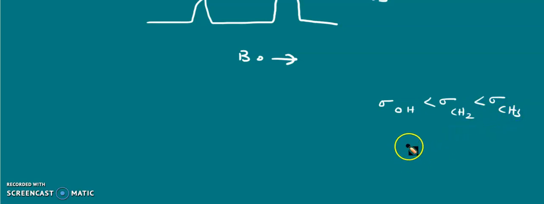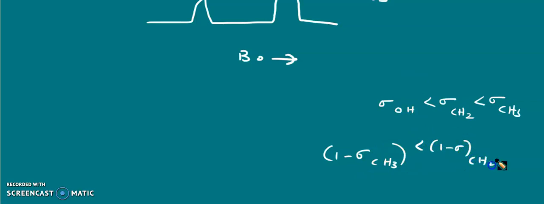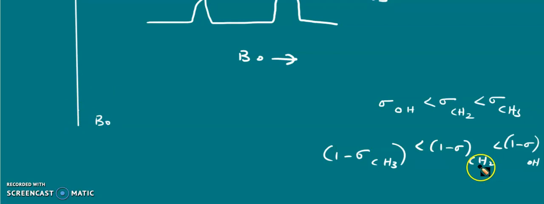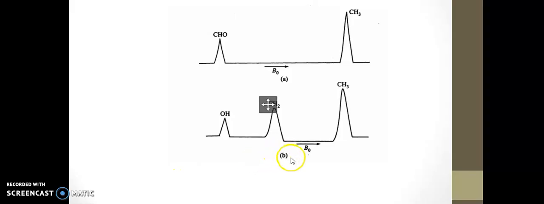Therefore 1 minus sigma for the CH3 group is smaller, 1 minus sigma of the CH2 group is in turn less than 1 minus sigma of the OH group, and therefore the magnetic field at which resonance happens for the OH group is smaller. B0 is smaller for the OH group compared to CH2, which is in turn smaller compared to the magnetic field at which resonance takes place for CH3, as shown in the figure.